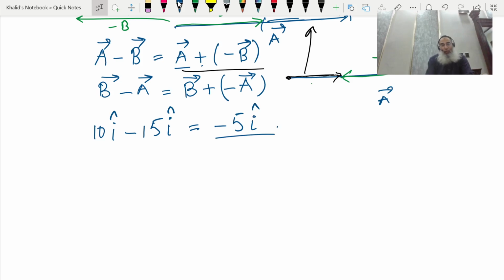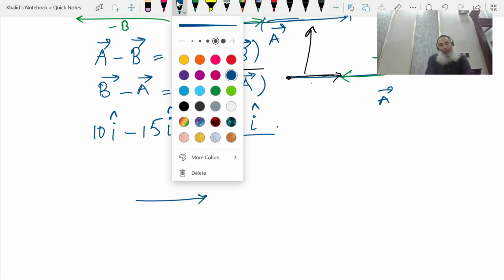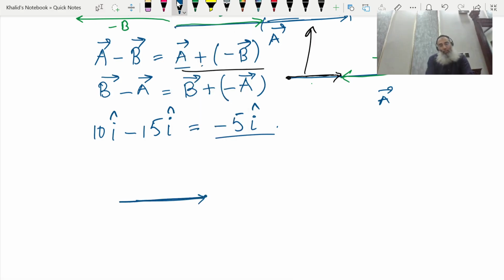And graphically, we can see it. If this is B, and the negative of A, draw it from here, it goes this way. It's the green vector.